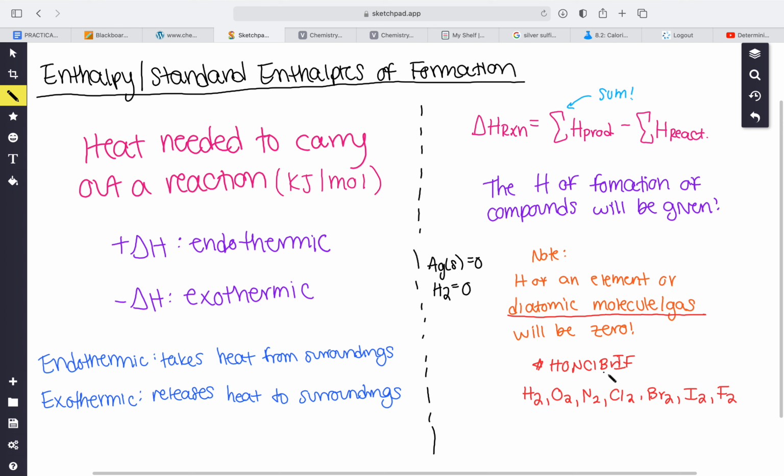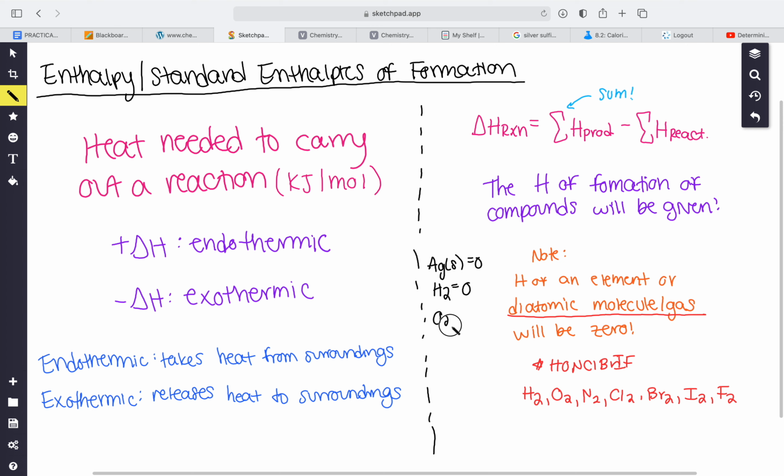And then just as a reminder, this is something that some teachers might have gone over in high school chemistry, but I'll do a brief little overview. Diatomic molecules or gases are in their standard state, right? So when they are in the air and unreactive, the most common form that you're going to find them in is going to be diatomic, right? Which means that there's 2 of the same atom.